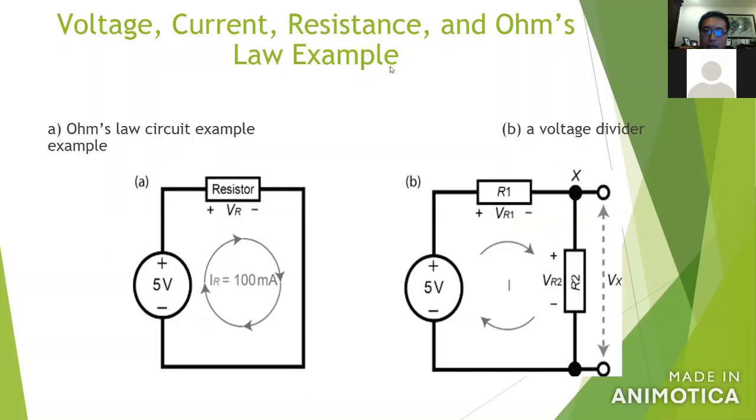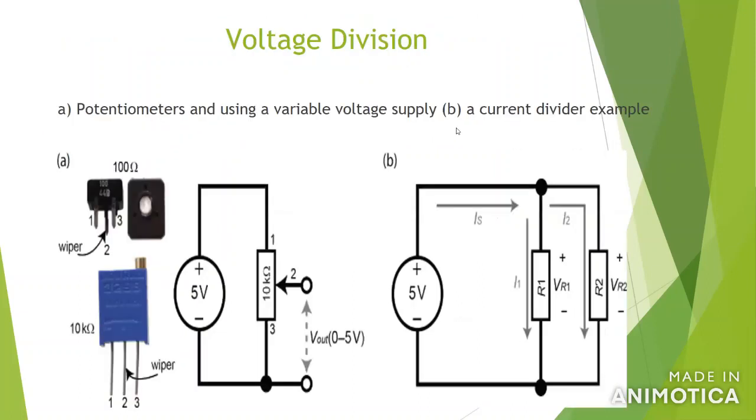Okay, so all right. For a current divider, it divides the current. You can see this is the current for the whole circuit. And at this point, the circuit is separated into two paths.